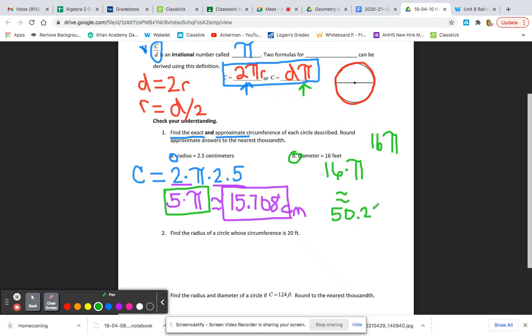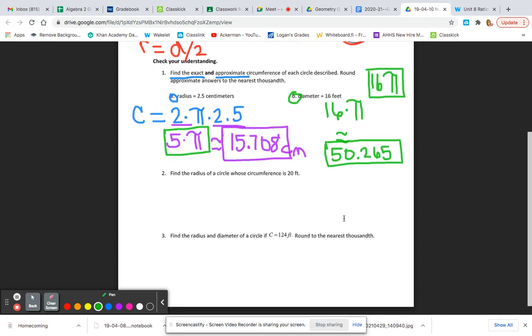And I don't have to round that 5 up because there's a 4 after it. And so this is now my approximate value of my circumference. Okay. So 2 answers here, exact versus approximate. So make sure you look to see in the practice which one they want you to find.